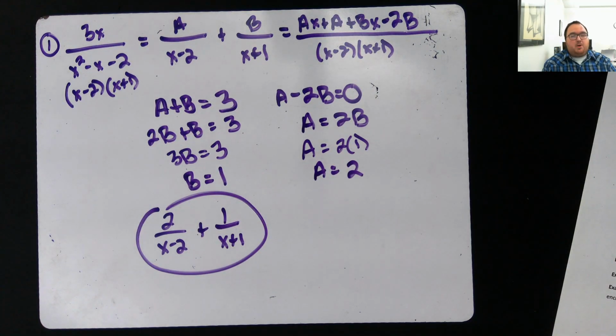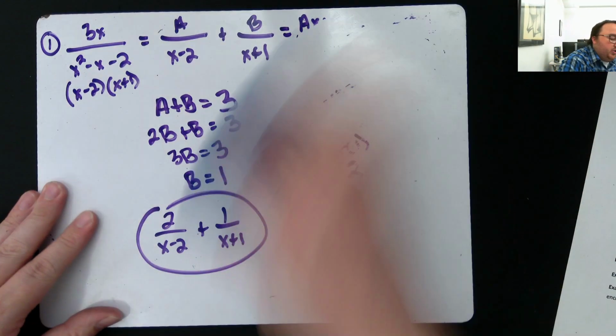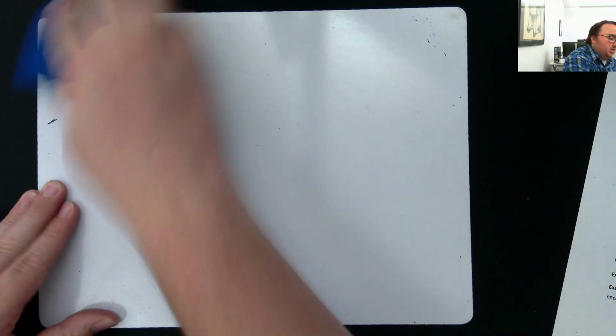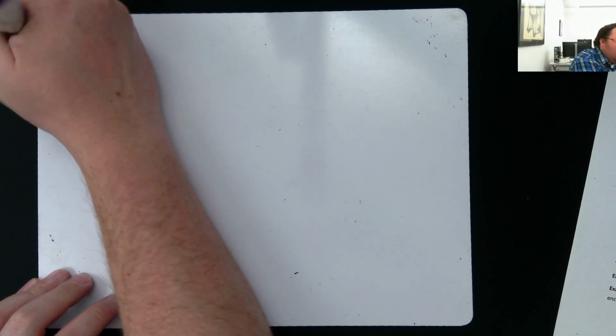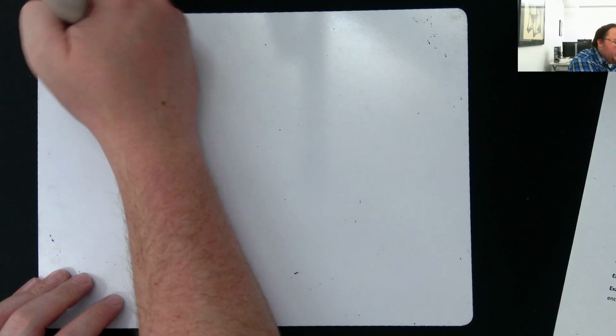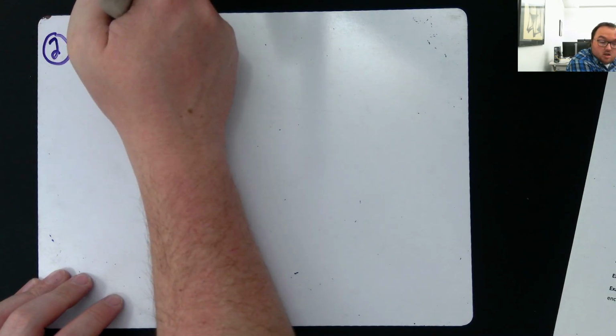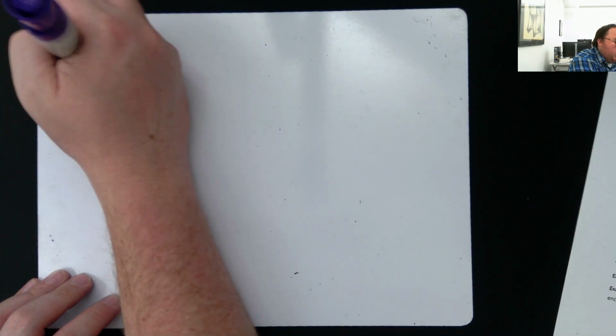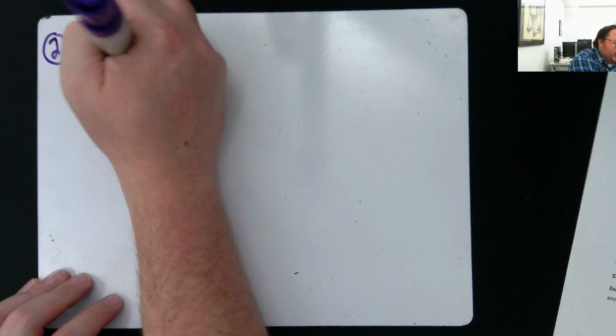Once again, if any part of that doesn't make sense, please let me know. Example number 2 is doing another one of those. Find the partial fraction decomposition of x minus 17 over x squared plus x minus 6.